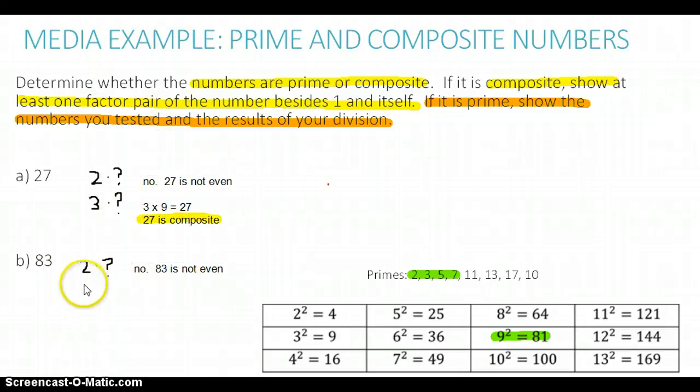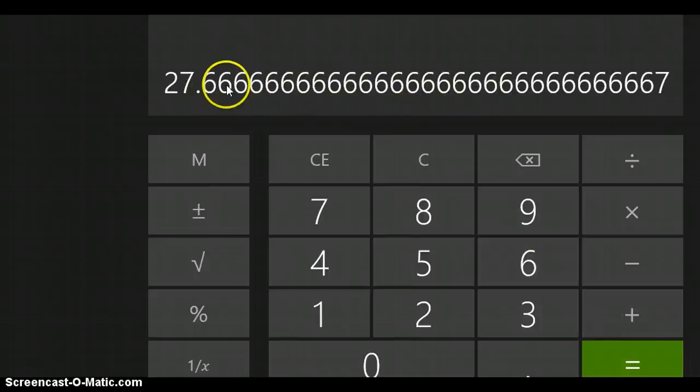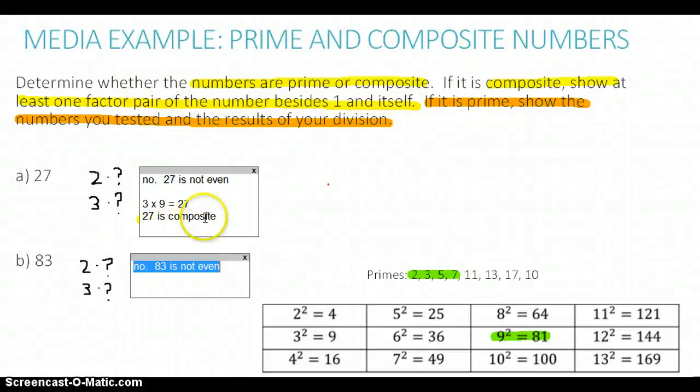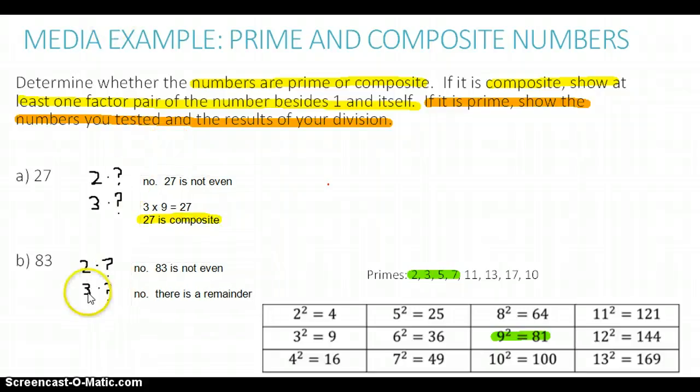Now we need to check 3. So let's go to the calculator. If we divide 83 by 3, we see that there's a remainder because there's a decimal. So we would say, no, there is a remainder. Okay, so since there's a remainder, 83 is not divisible by 3.